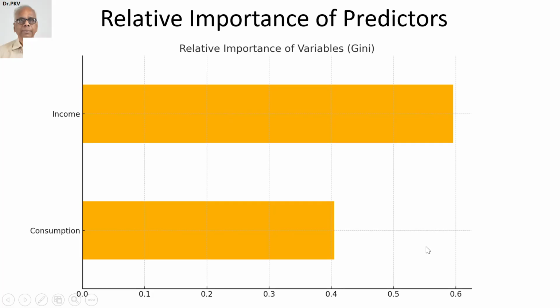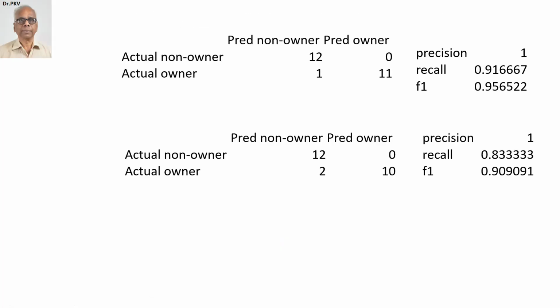Then I do what's called the confusion matrix, prediction versus the actual, non-owner, owner, non-owner, owner. The first one is the Gini. The second one is the entropy-based method. I calculate, and I see here 23 out of 24 is correctly predicted. And here 22 out of 24 is correctly predicted.